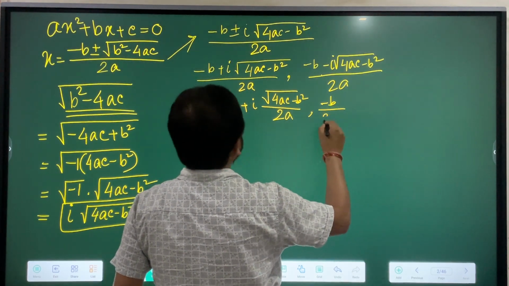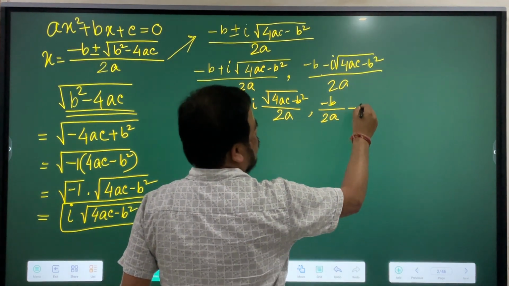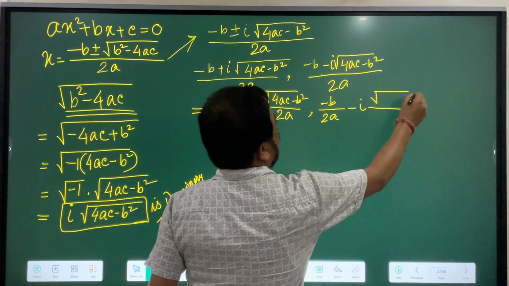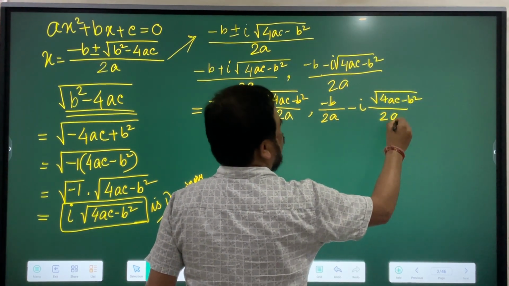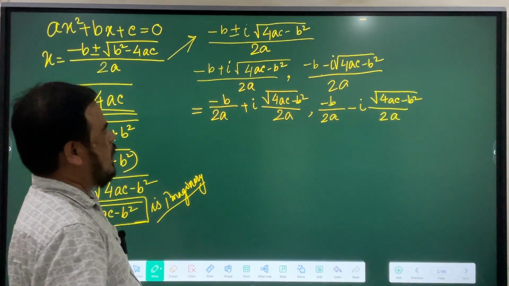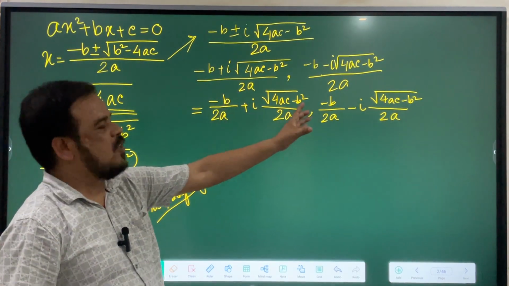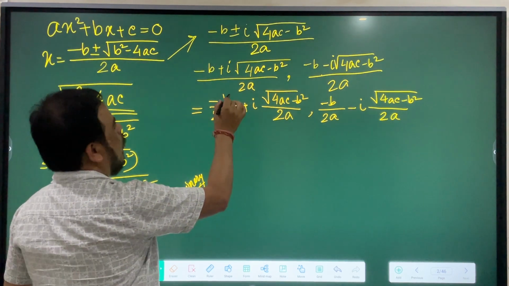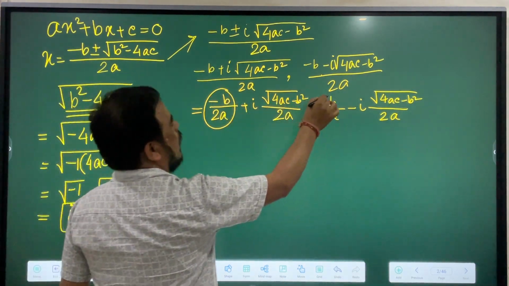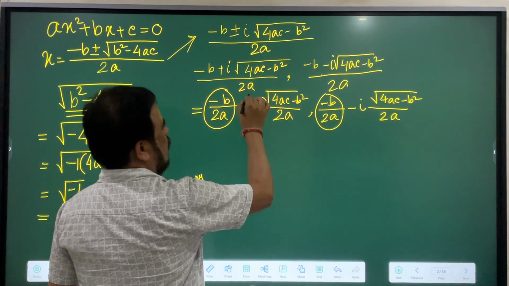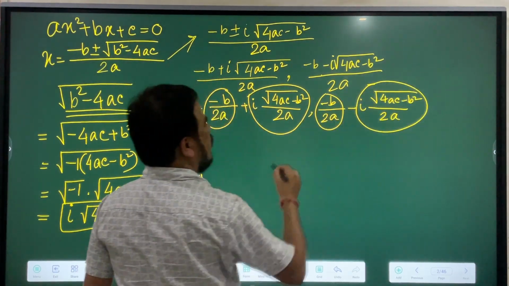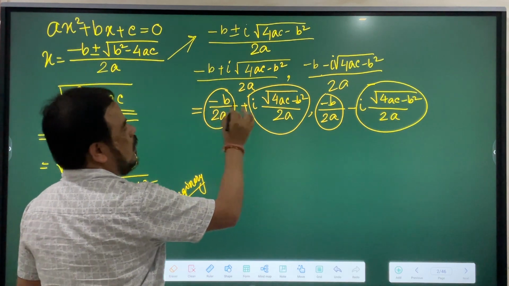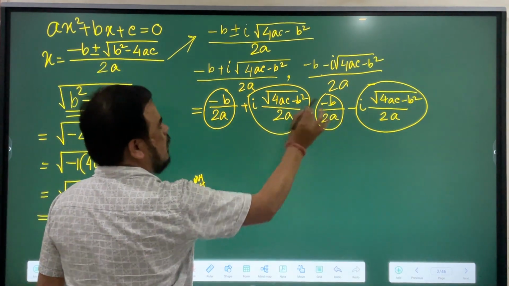Minus b by 2a, now minus i square root of 4ac minus b square by 2a. I have written the denominator separately so that we can understand what is the real part and what is the imaginary part. This is the imaginary part. In both cases, the real part and imaginary part are the same.